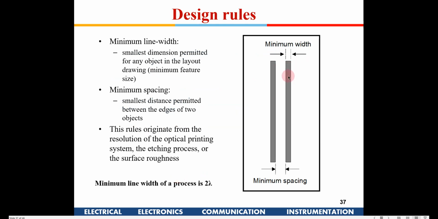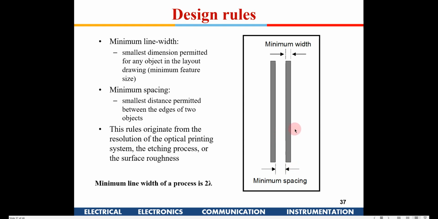Now for example, when you make a metal connection out here, the minimum width of that line is given by 2 lambda. Okay, so this distance is specified as 2 lambda. For different processes it will be different. This is just an example for a particular fab lab. So this is 2 lambda.